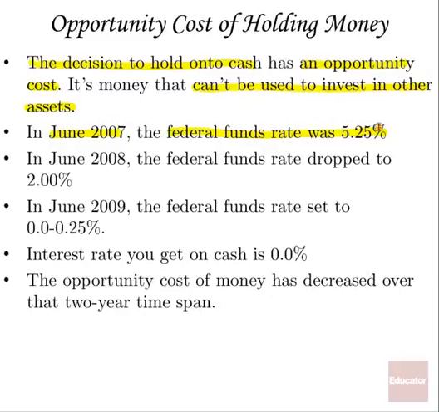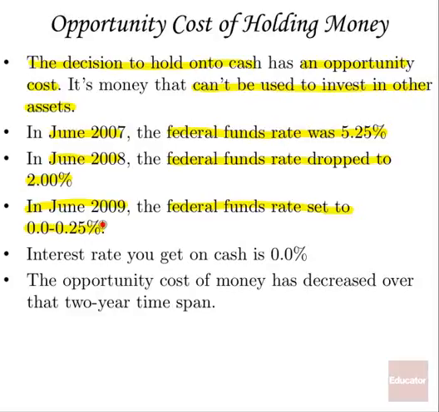So the rate at which banks borrow from other banks is at this 5.25%. Well, in June 2008, the federal funds rate dropped to 2.0%. Okay, and in June 2009, the federal funds rate was set to this 0.0 to 0.25%. So in 2007 to 2009, you can argue that the opportunity cost of holding on to money decreased dramatically, because in 2007, with interest rates fairly high, there was incentive to hold your money in non-cash.